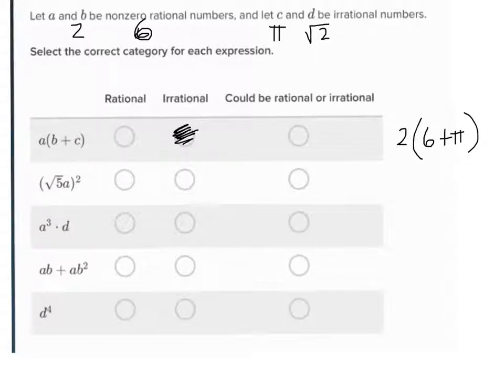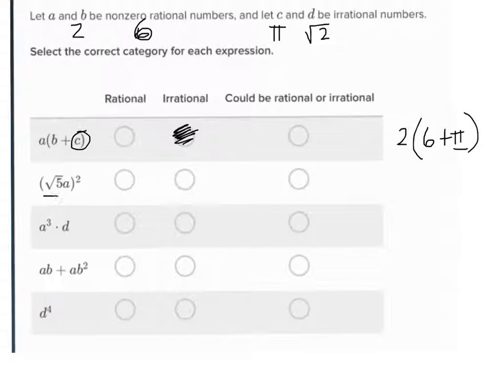Now, the reason I was saying, is there a way we can make it rational, is let's say that I was able to add like pi plus negative pi and get 0. Then I could make it rational. But in this case, since there's only one irrational number, I can't add it to another irrational number to make it rational.